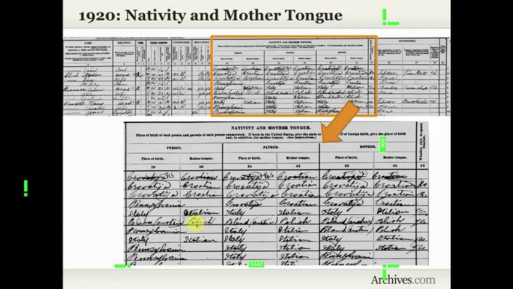Now, if later records list that they were born in Austria, we might think that their native language was German. But what we're seeing here is that it's not the German-speaking portion of Austria that they came from. It was that other portion that got separated off later as part of Poland. So again, taking a look at what the native language is of that person can give us very good clues about their nativity.